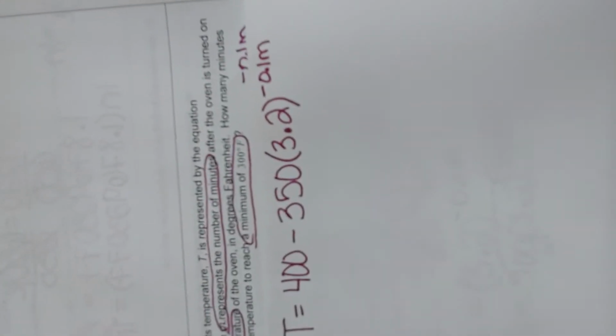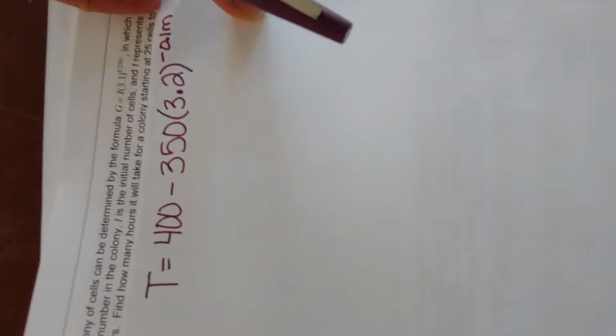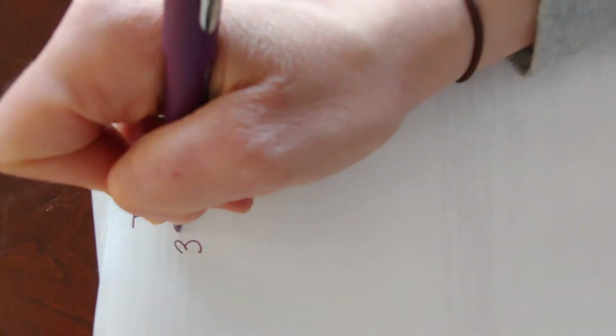The only additional piece of information they give you here is that the minimum temperature is going to be 300 degrees Fahrenheit. So although this formula is a little scary, there are only two variables here. There is an M, which is minutes, and a T, which is temperature. So they tell me that the oven's going to be 300 degrees. So I'm going to put 300 in the T spot.